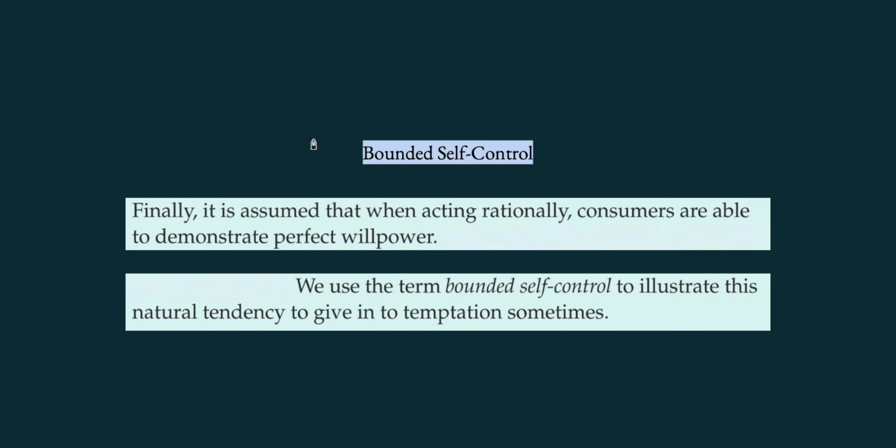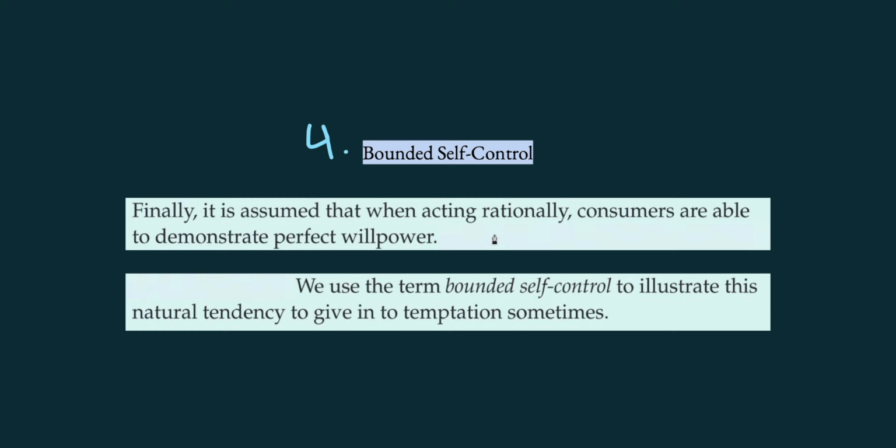And lastly, part 4, bounded or limited self-control. Finally, it is assumed that when acting rationally, even if we did have perfect information and perfect logic here, consumers would still be able to demonstrate perfect willpower. Once again, think about the examples I said before. Generic goods like sugary foods or cigarettes or alcohol are all things that in some way people might have addictions to.